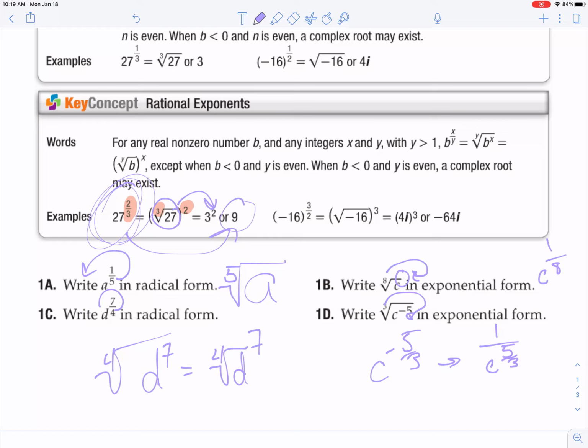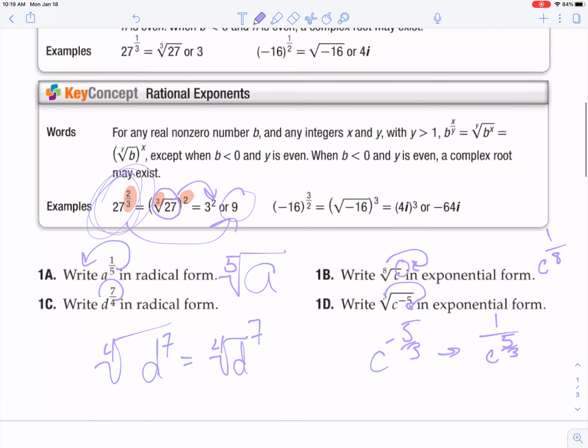And fractional exponents are okay on top, but we're not going to like to see them on bottom. So what I'm going to do is multiply this by c to the 1/3. The reason I'm multiplying by that is I'm looking ahead and thinking, if I add 1/3 to this 5/3, that's going to give me 6/3, which is going to be a nice number.